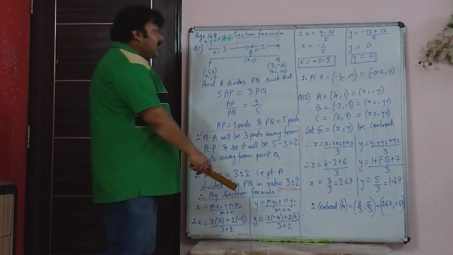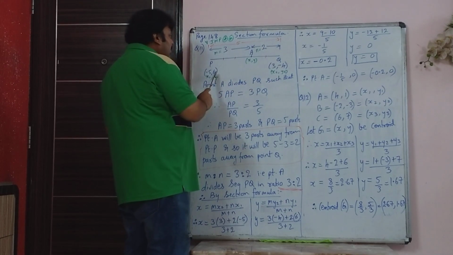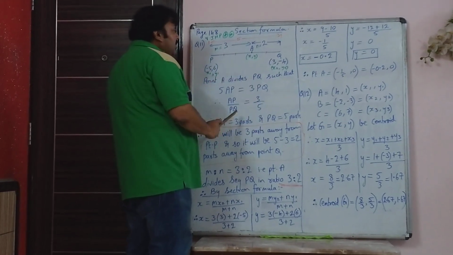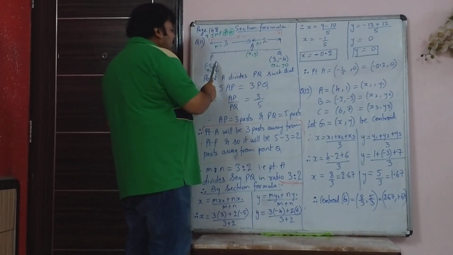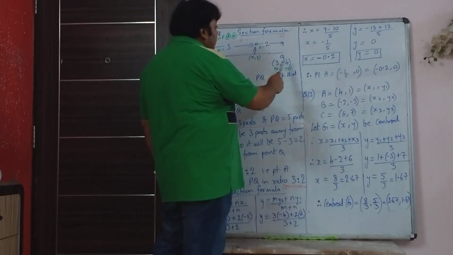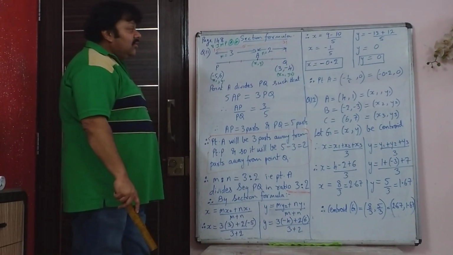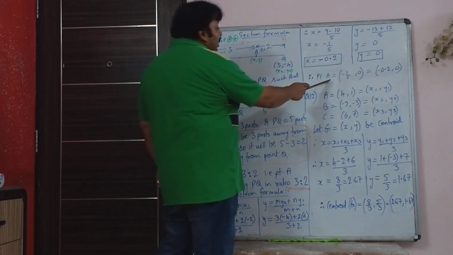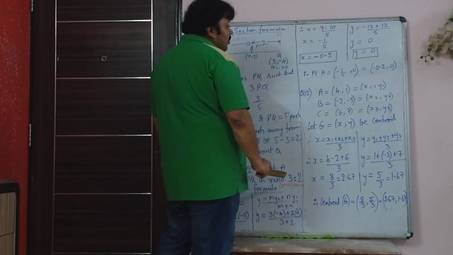Then the y coordinate will be M y2 plus N y1 upon M plus N. So it will be 3 into minus 4 plus 2 into 6 upon 3 plus 2. So minus 12 plus 12 upon 5. So that is 0. So point A is minus 1 by 5 comma 0.